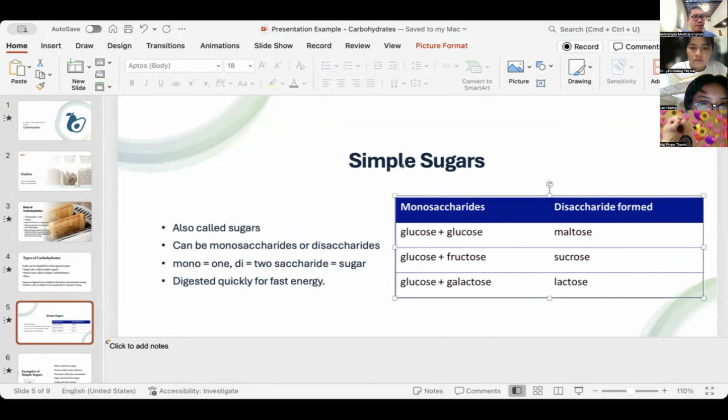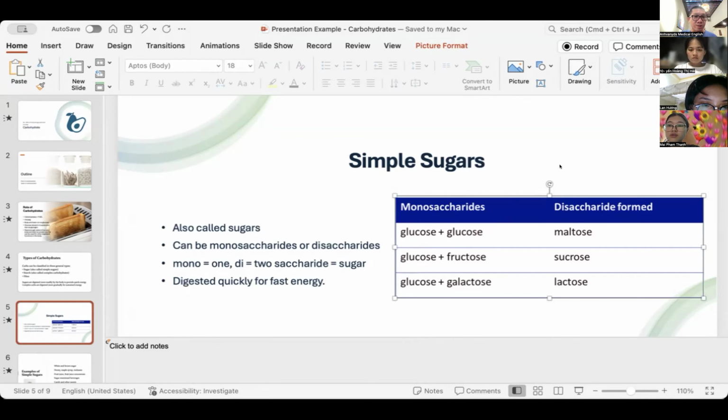So about the simple sugars, we have monosaccharides and disaccharides. And in terms of monosaccharides, saccharides means sugar, mono means one. Okay, and we have disaccharides meaning two sugars because di means two and saccharides means glucose.